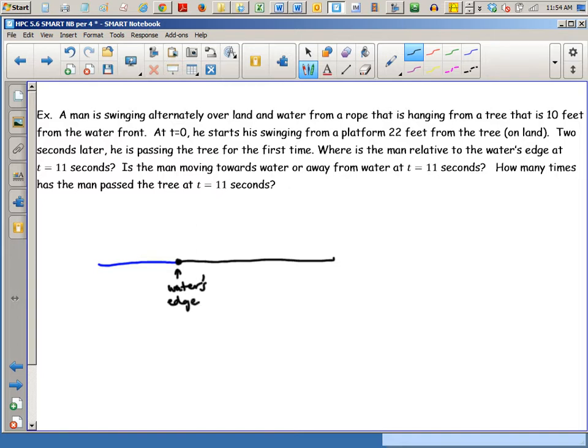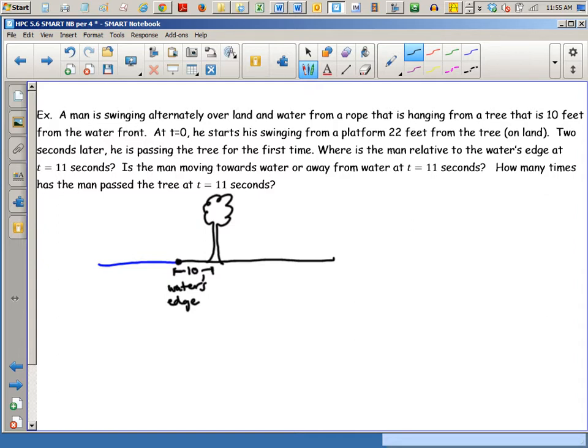Okay, it says that 10 feet from the water's edge, there's a tree. We assume it's planted on the land. Okay, so here's the tree, 10 feet from the water's edge. All right.